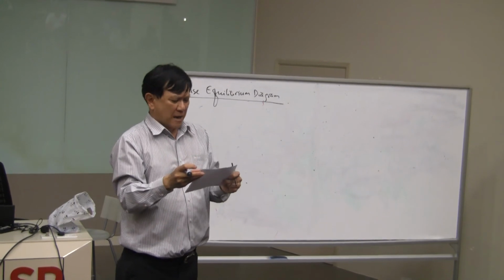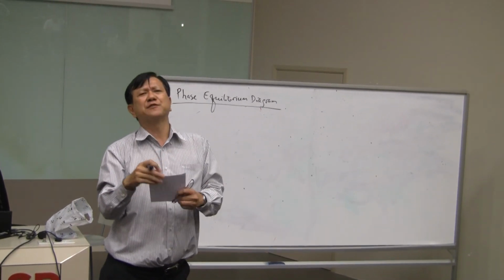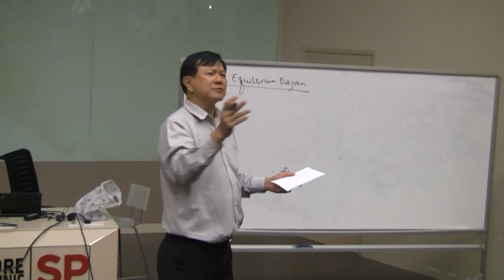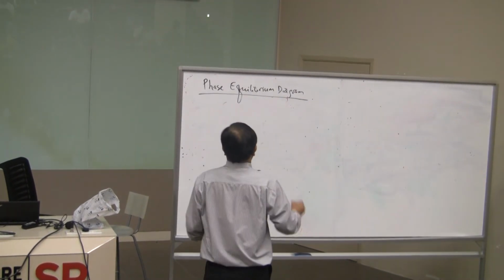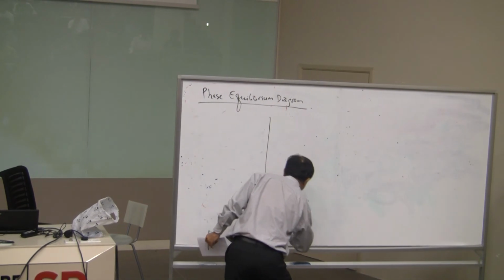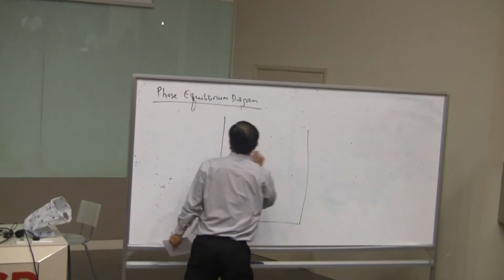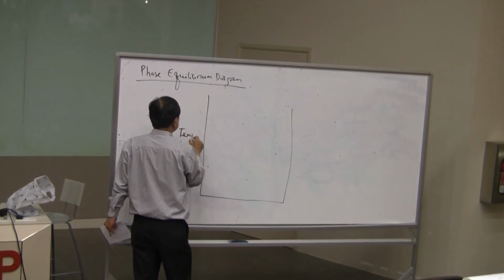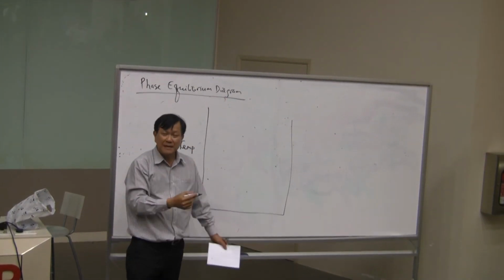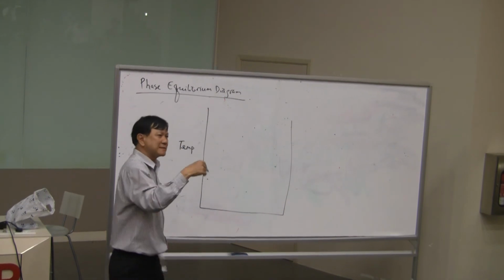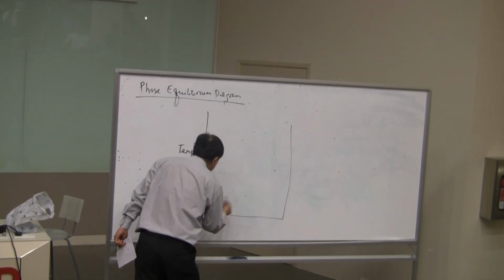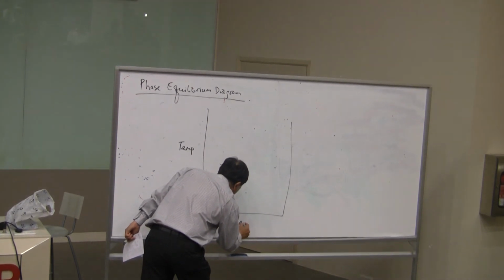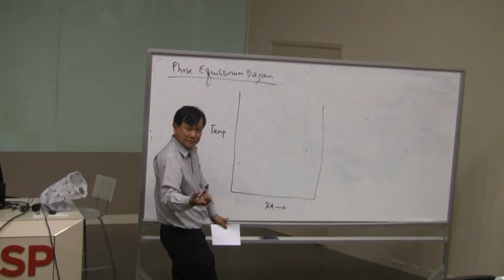For an isomorphous binary alloy, how does your phase diagram look? Here is temperature. Let's denote the elements by A and B. Here is percentage A, in this direction.